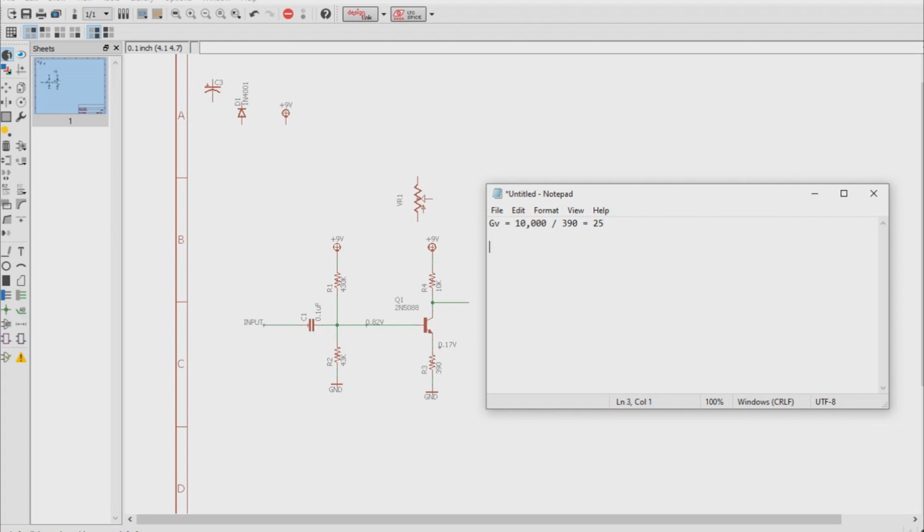So what does that mean? That means if I got 0.001 volts, or a millivolt, going in, I will have a 0.025 volt, or 25 millivolt, signal going out. So that's pretty cool.